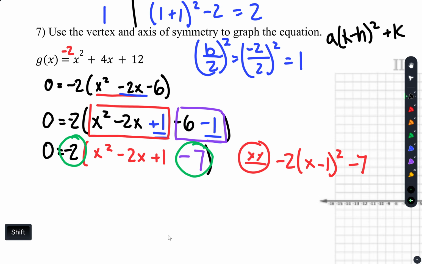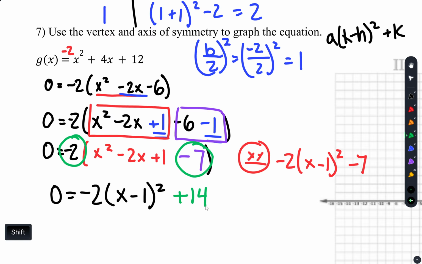So when I finally rewrite this in its final answer form, x minus 1 squared, I'm multiplying -7 times -2 to get a plus 14. That's just a weird thing that happens when I have a leading coefficient. In order to take it out of these parentheses, because it's being multiplied by a -2, I have to take out the -2 and the -7 to make a positive 14. Does that make sense?